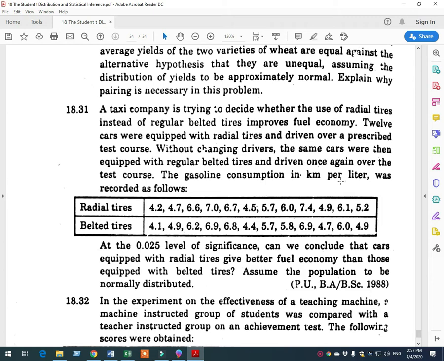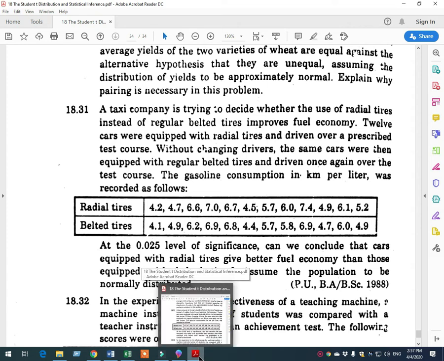So now to see the test that generally this training has put some kind of difference, before that training, and after that training the scores have been different. So this kind of test we can do from the paired observation. So I'll be doing the same test from the procedure.